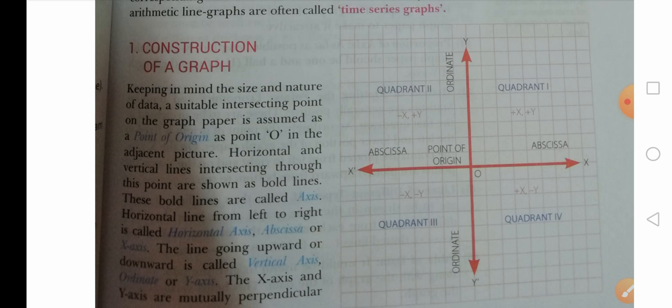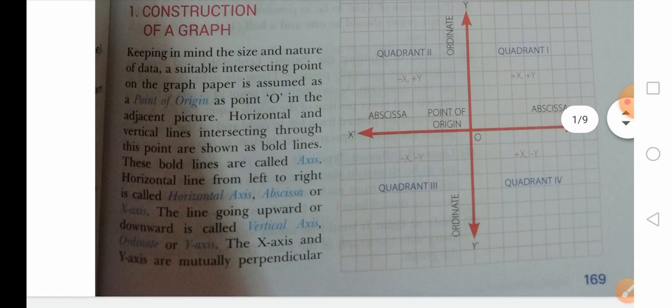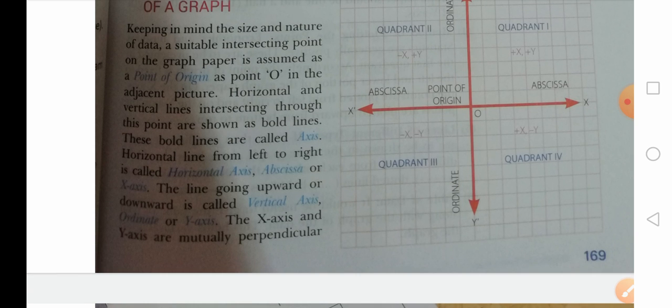That point of origin is indicated as point O. In the adjacent picture, the horizontal and vertical lines intersect each other at this point, known as O. These two lines are known as axes. The horizontal line from left to right, X1 to X, is called the horizontal axis, abscissa or X axis.